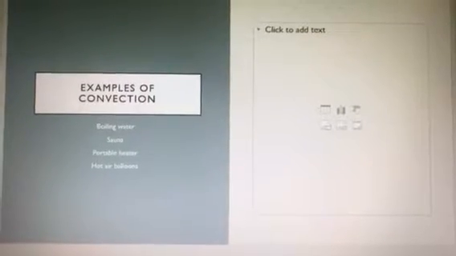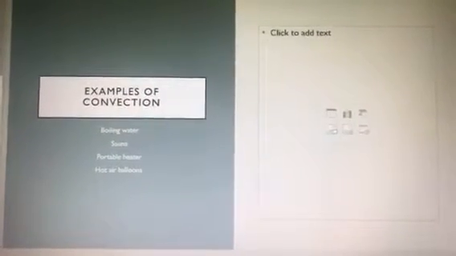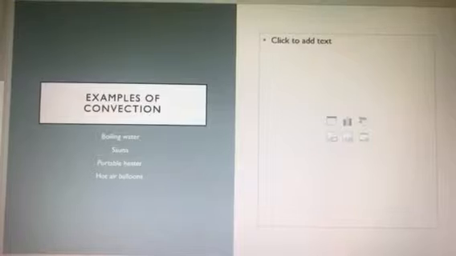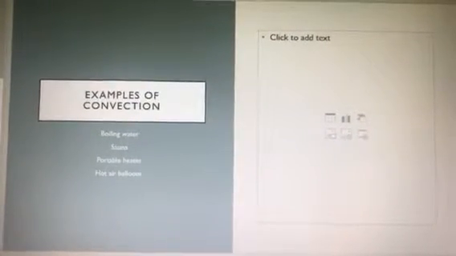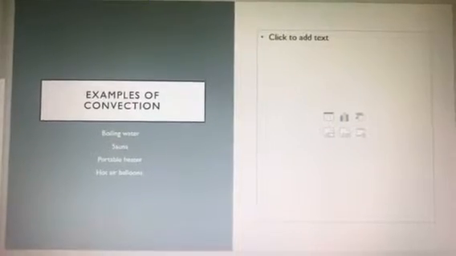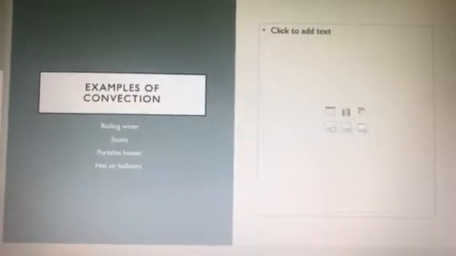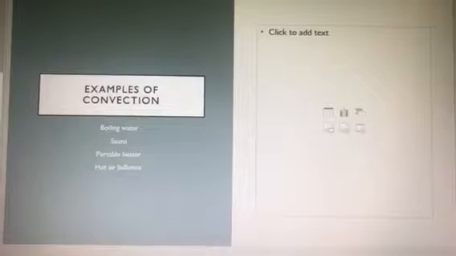Different examples of convection are boiling water, a sauna, a portable heater, as we saw in the picture in the previous slide, and hot air balloons.